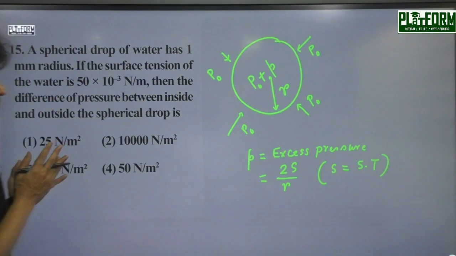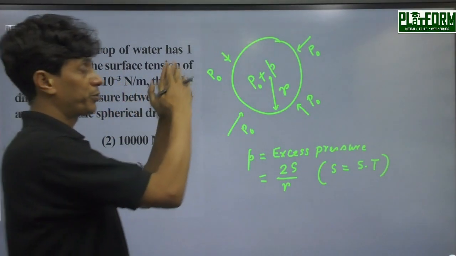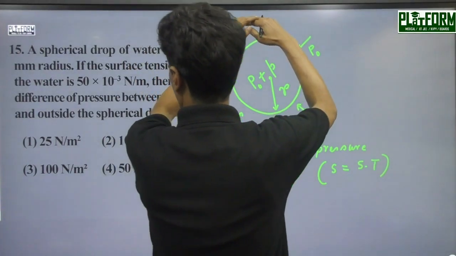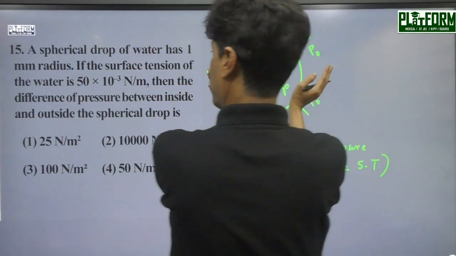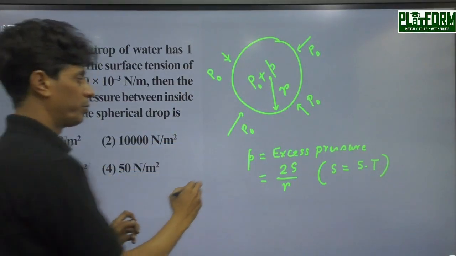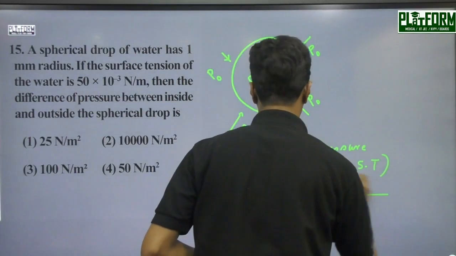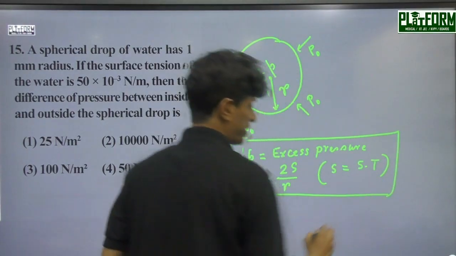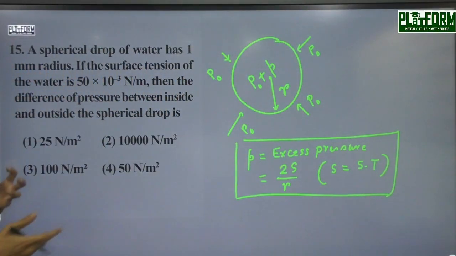So the pressure difference between inside and outside of the spherical drop is obviously P, the excess pressure due to the surface tension.